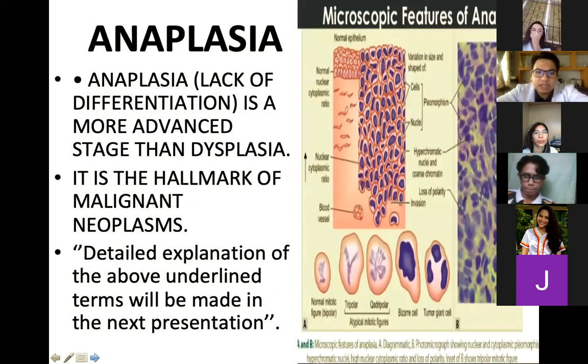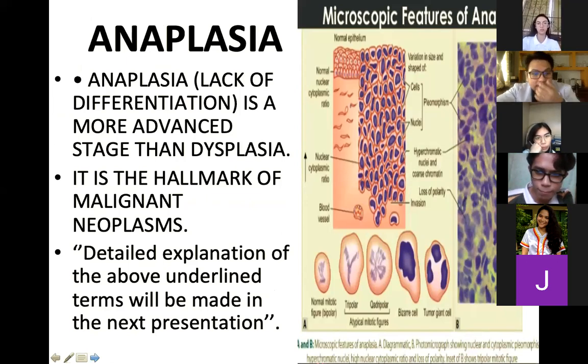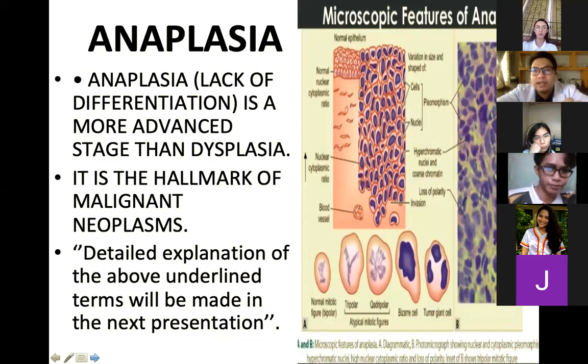And then anaplasia. Anaplasia, class, is defined as a lack of differentiation. Anaplasia is a more advanced stage than dysplasia. It is the hallmark of malignant neoplasms. Kung si dysplasia kanina early form ng cancer or neoplasm, anaplasia, class, is a more advanced dysplasia.